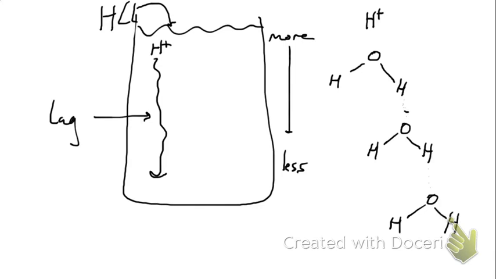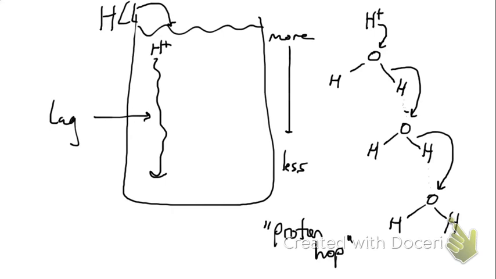But what you see is that this proton will hop here, this proton will hop here, this proton will hop here. It's known as the quote-unquote proton hop. And because of this, the time with which the acidity or the flow of protons moves is a lot faster than what we would calculate.